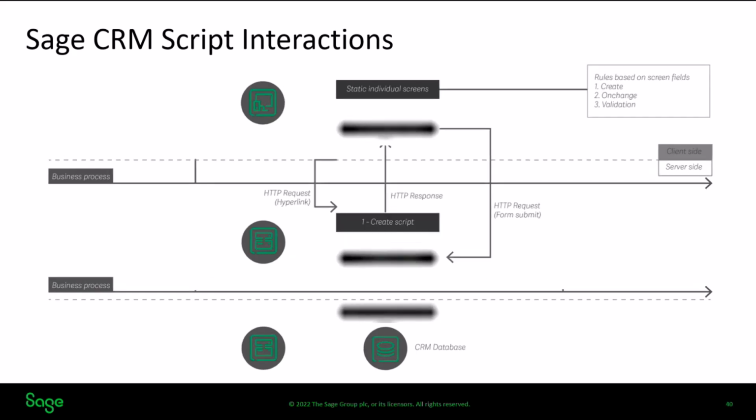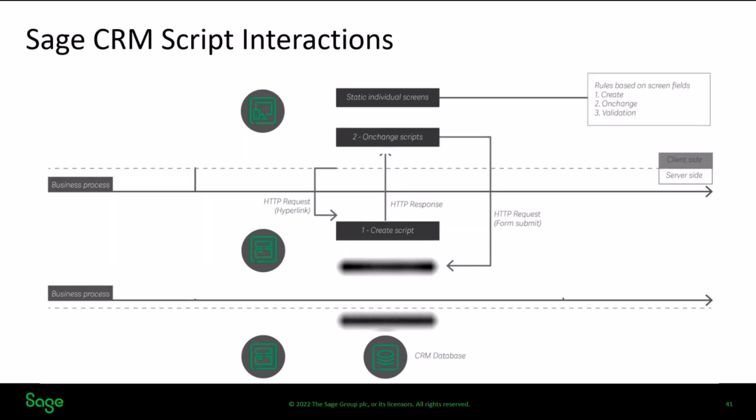We can then start to look at the idea of submitting data into the system and validating it. And we can even think about how we change the data as we are working inside the screen. So we've got the behavior of these fields changed at different points.